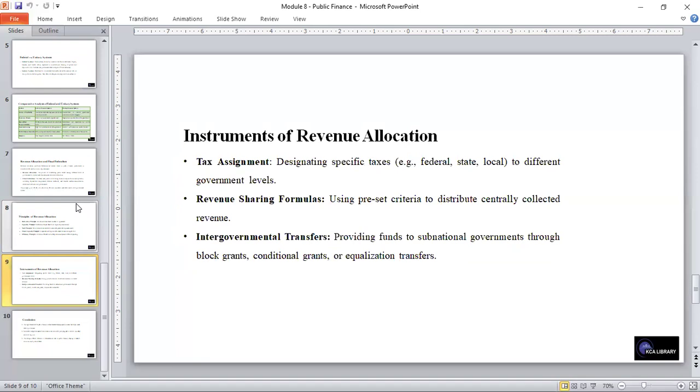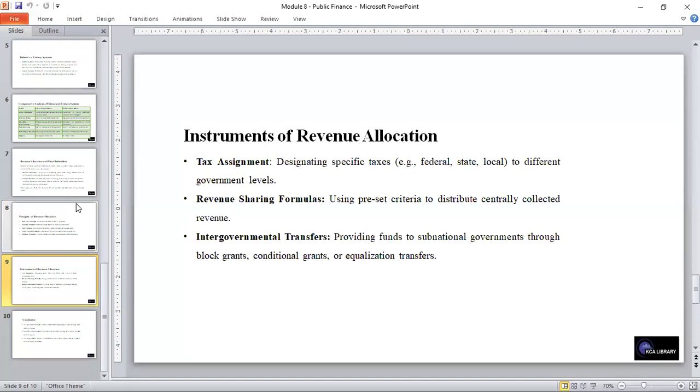There are also instruments that are used in revenue allocation. The first is tax assignment, which was mentioned the other time. Tax assignment is designating specific taxes, such as federal, state, and local, to different government levels, as we set for Nigeria.